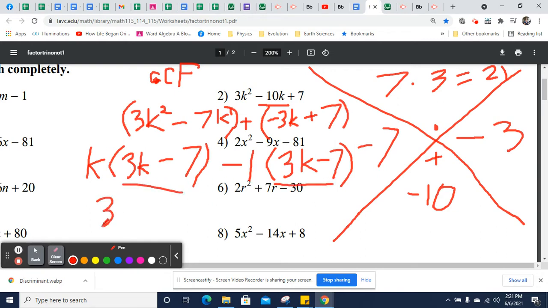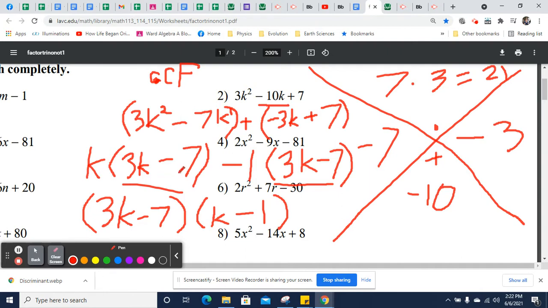So that's going to factor as 3k minus 7 times k minus 1. I'm using the distributive property. Where did I get the k minus 1? Well, k and negative 1 share the same factor, this thing called 3k minus 7.